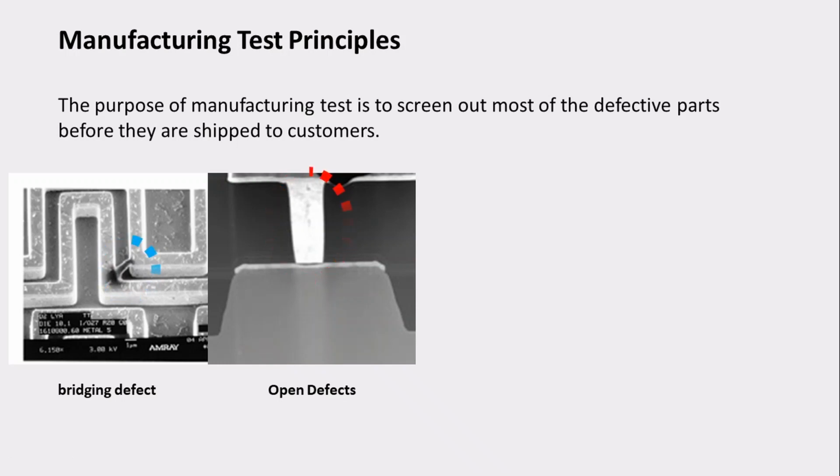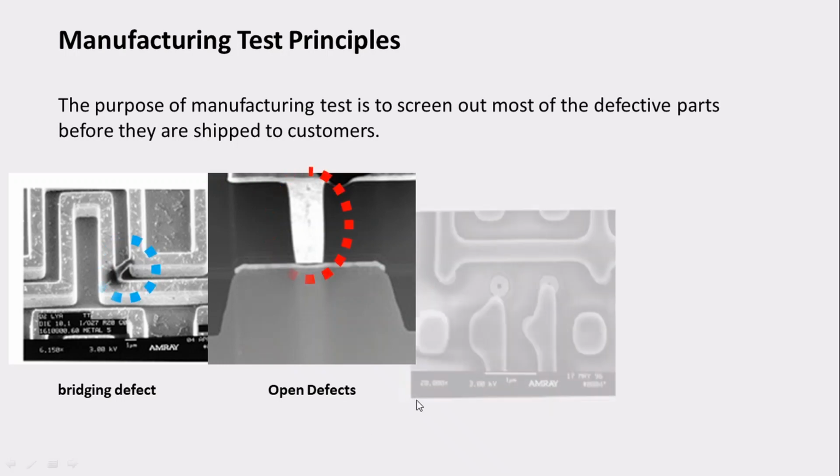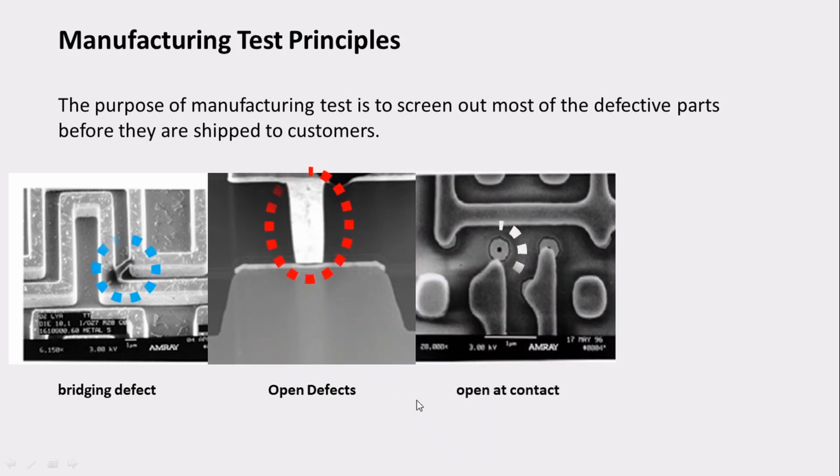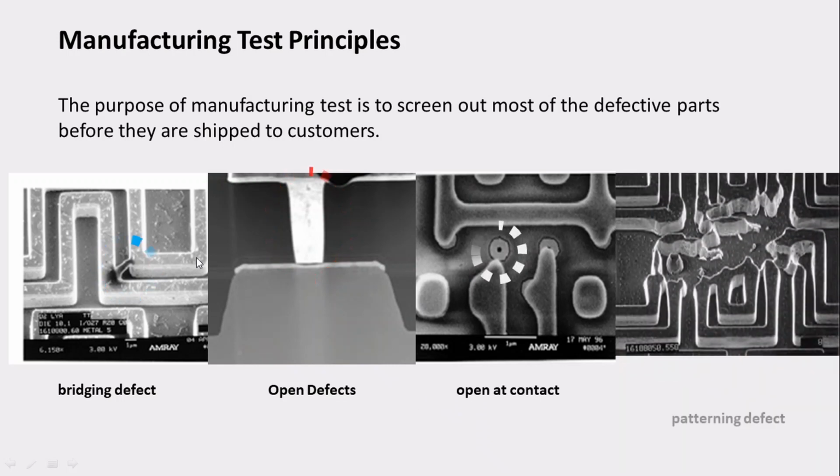Okay, so one more, let us look at here. In these two different examples, we had seen that there is a formation of an extra line which is getting shorted, and then here it is open. The connection has not been made at all. And here you can observe these are at the contact points. We'll be having some contact points in terms of inputs and outputs and all those things.